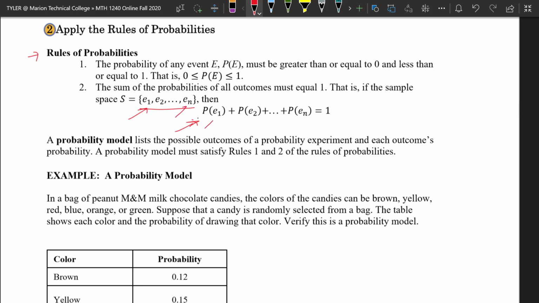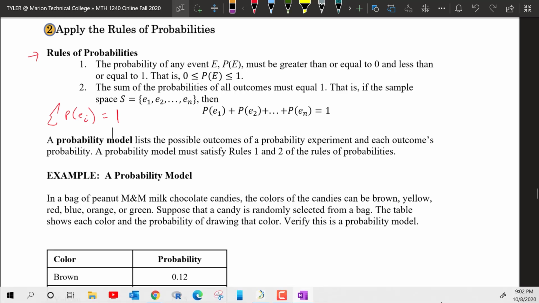And if I take the probability of each of these events and add them up, then we get 1. Maybe another way to write that is sigma of the probability of E_i is going to be equal to 1. So if we add up all the probabilities of the various events, that's going to equal 1.